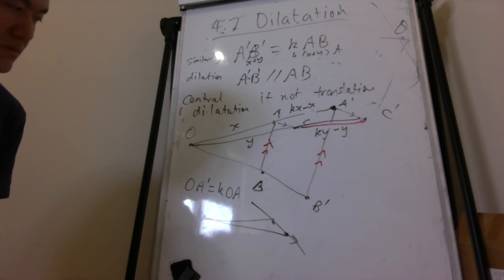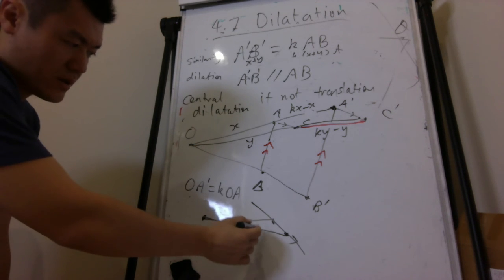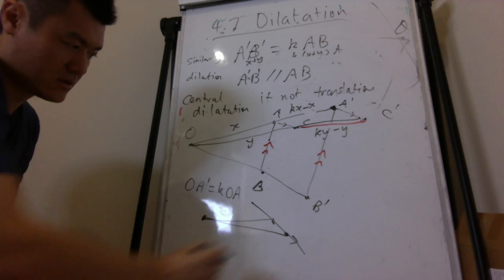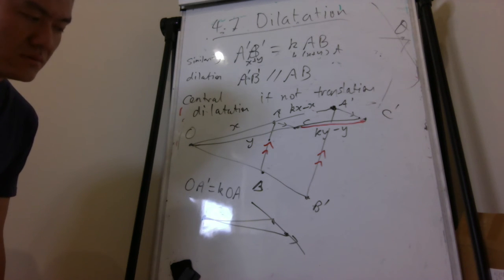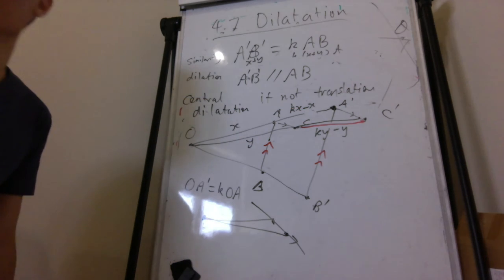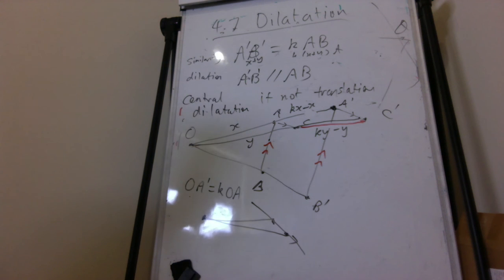But I don't know if it's perpendicular. Isn't that obvious by triangle inequality? So this distance is always bigger than that distance, on both sides. So that would make that have to be C prime, yeah? Okay.